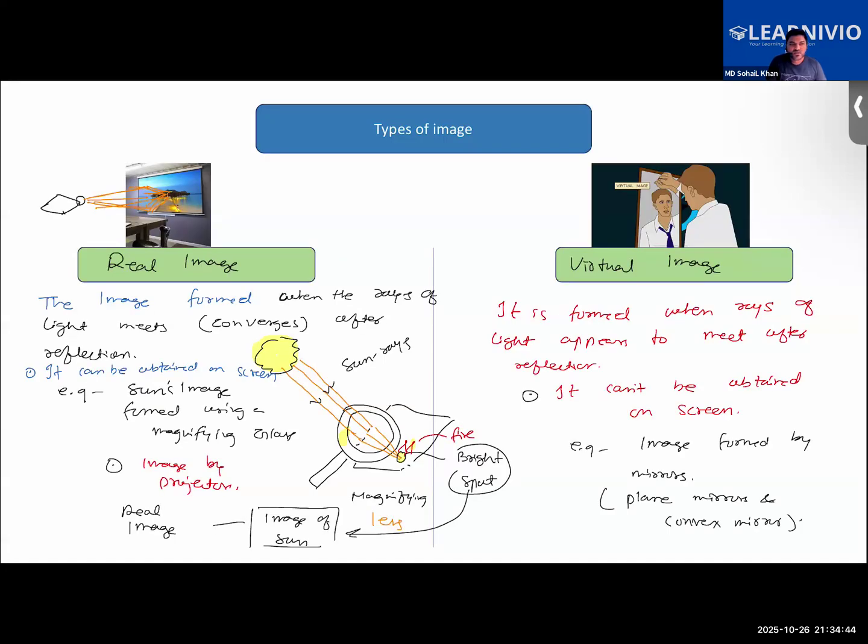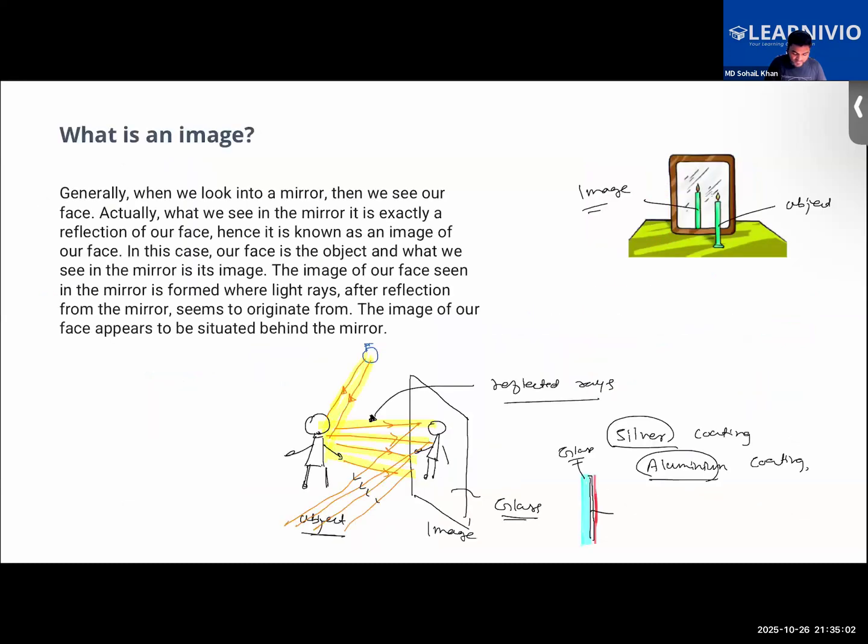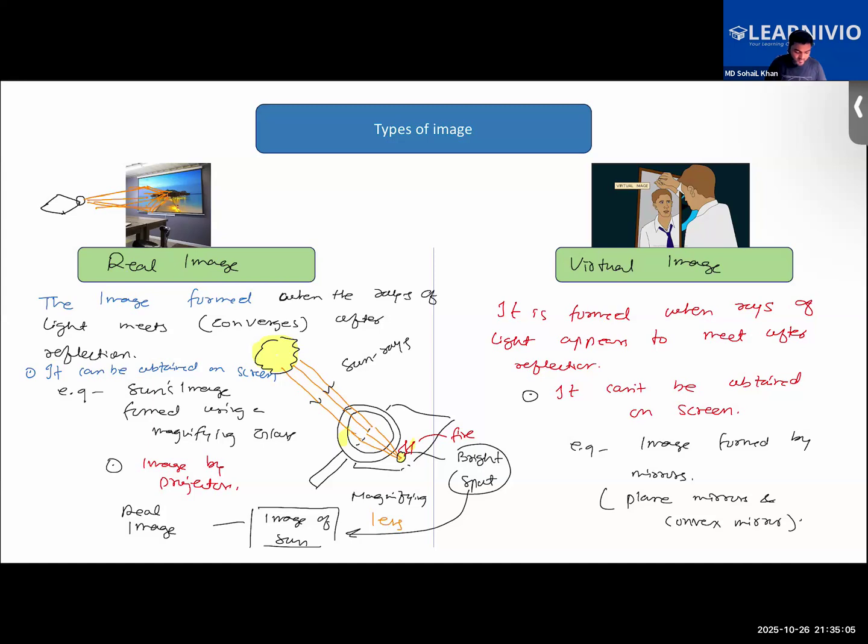Okay. So we had learned about types of images where we learned there's a real image where the rays of light actually meet at a point. For example, the image formed by this magnifying lens right now, where the sun rays actually meet after passing through. Then we had another example of real image formation by the projectors, right? While in the case of virtual image, they are formed when the rays of light appear to be meeting after reflection.